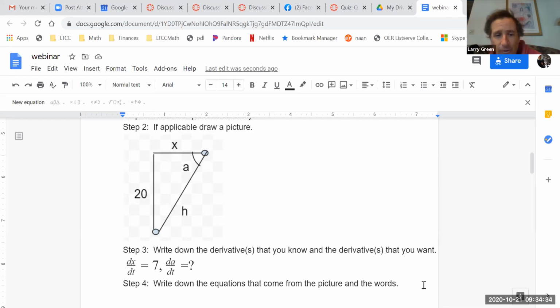Okay, so now step 4, and I'm going to add more words to step 4. Write down equations that come from the picture and the words that relate the variables from step 3. Okay, so in particular, the variables from step 3 are x and A. So we need to find an equation that relates A and x. What is that equation?